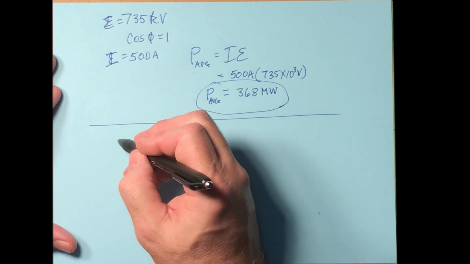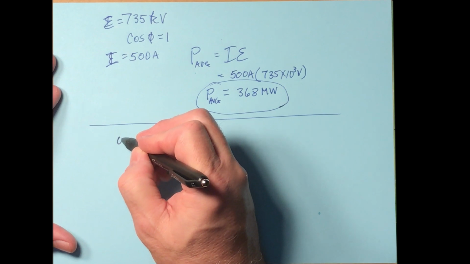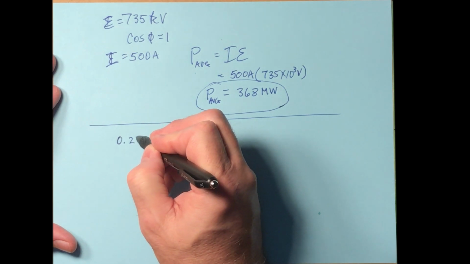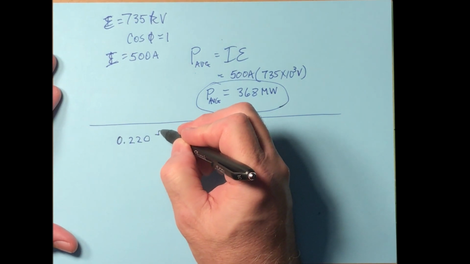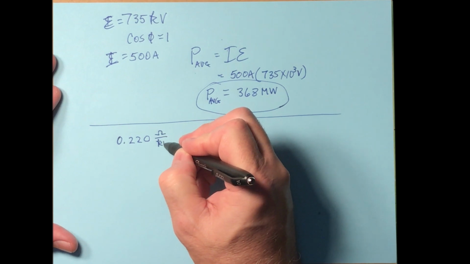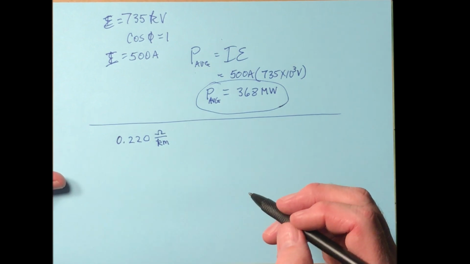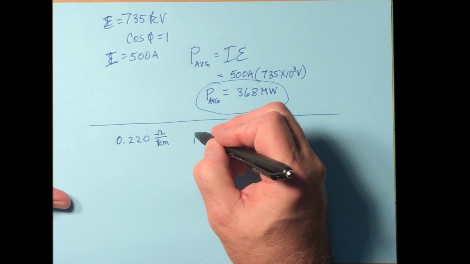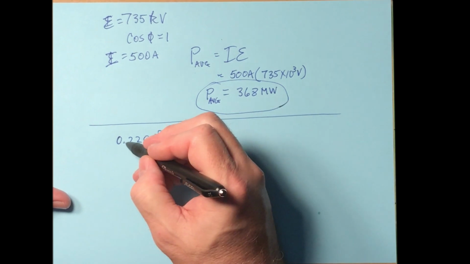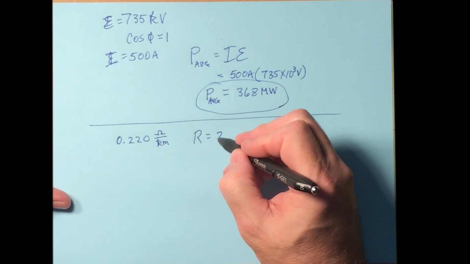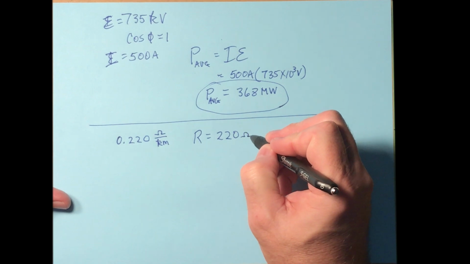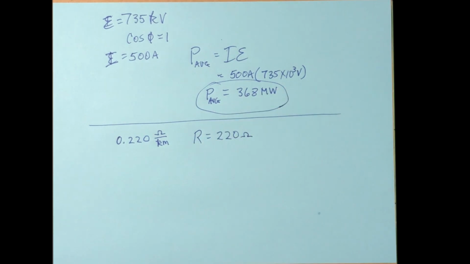But let's say that there is a resistance associated with this wire of 0.220 ohms per kilometer. That's a very small amount of resistance. Between the generator and the user, we have 1,000 kilometers, so that means we have a total resistance of 220 ohms.